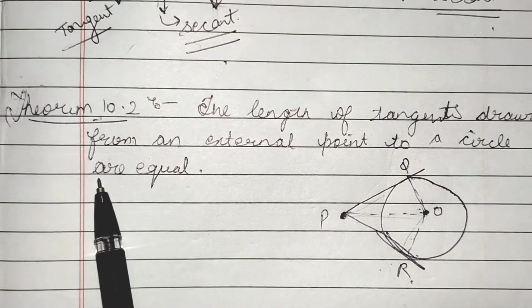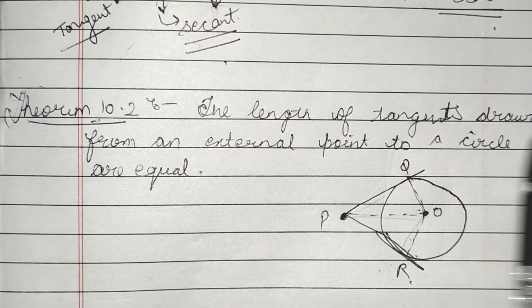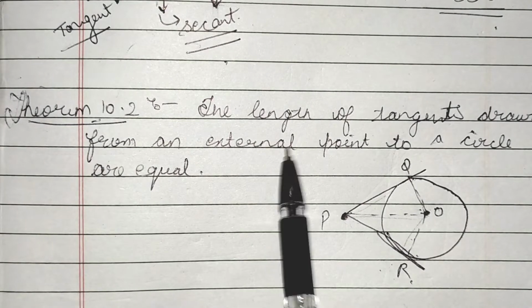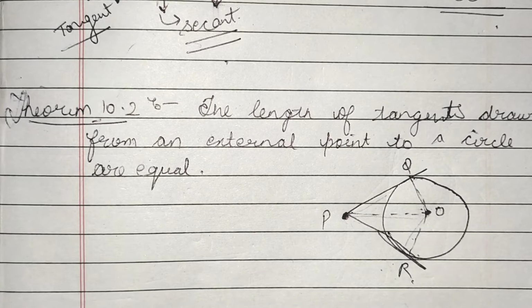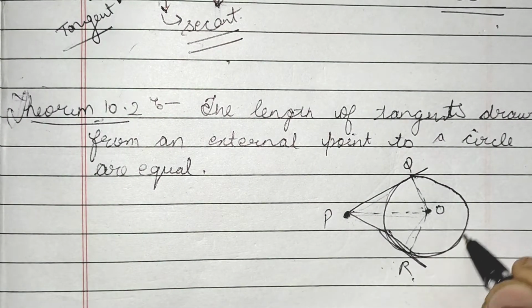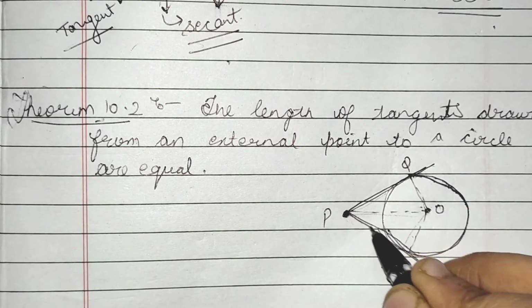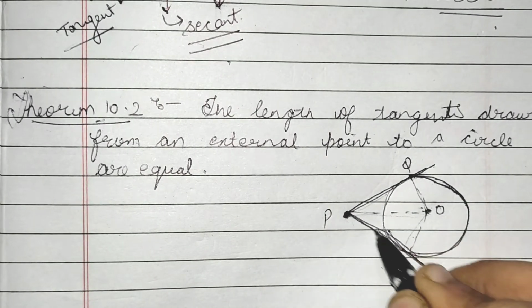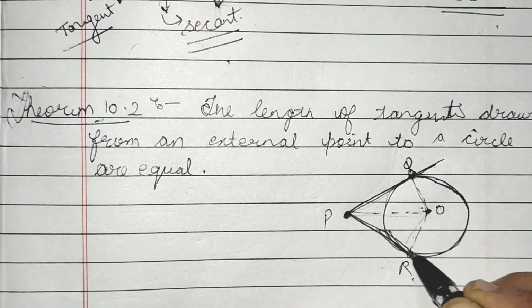So let's start with theorem number 10.2, which says that the lengths of tangents drawn from an external point to a circle are equal. Right? What does it say? That there is a circle and two tangents are drawn on the circle. That means two lines are drawn which touch the circle at a single point, right?